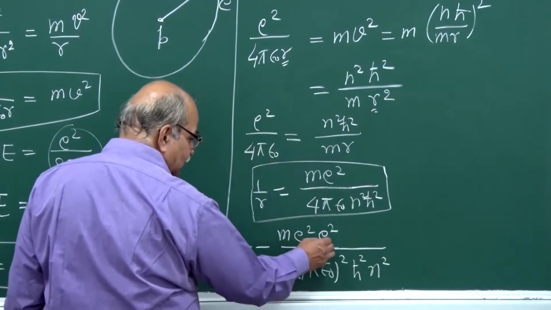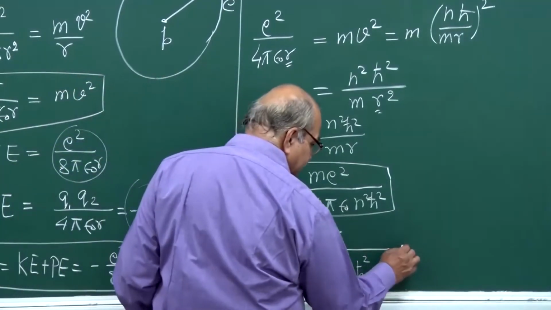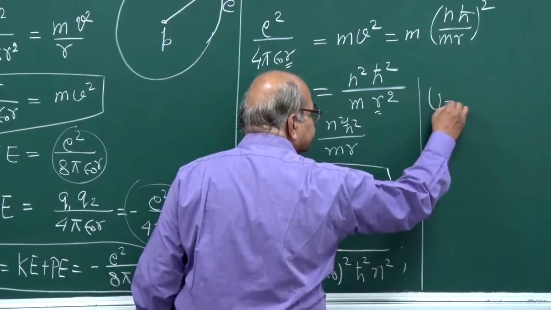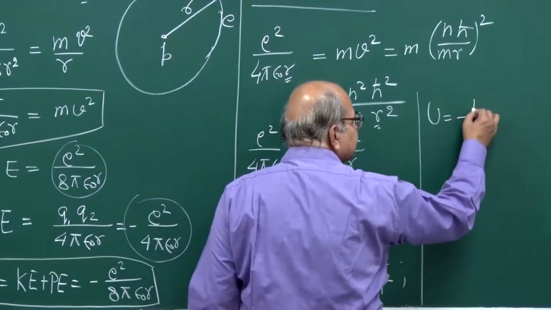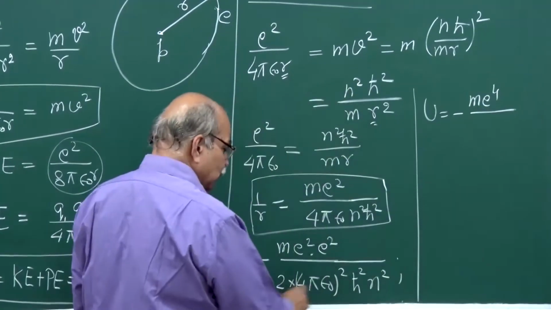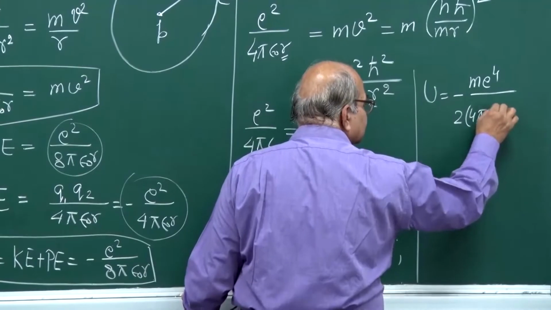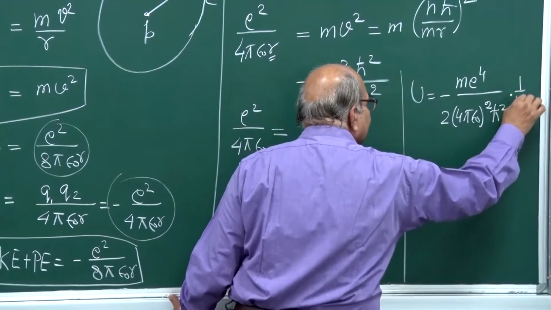This e square into e square you can write as e to the power 4. So finally U is equal to minus m e to the power 4 divided by 2 into 4 pi epsilon naught square h cross square, and then 1 over n square.